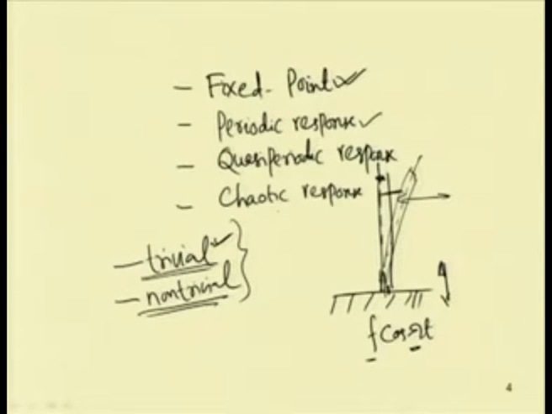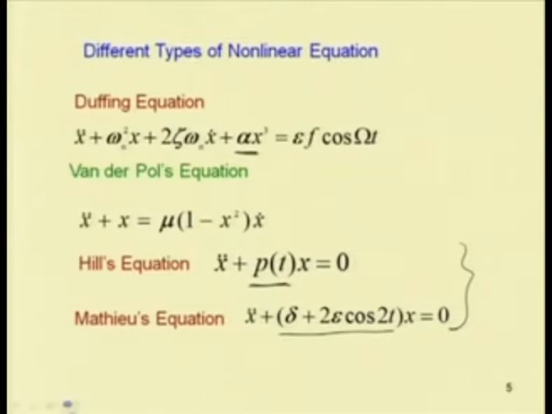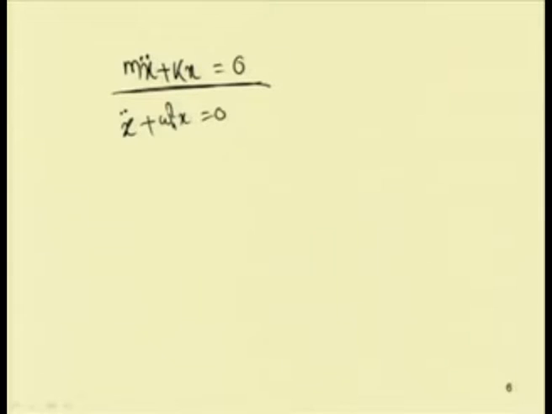To know about this periodic or quasi periodic response, for example in case of the periodic response, let us take the simple linear equation m x double dot plus k x equal to 0. The equation can be written in this form also, x double dot plus omega n square x equal to 0. This is for a linear case, and its response x can be written as a cos omega n t plus phi, where a is the amplitude.